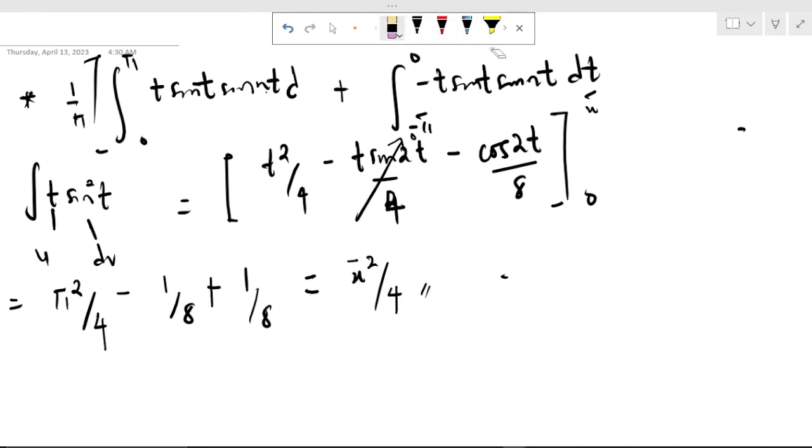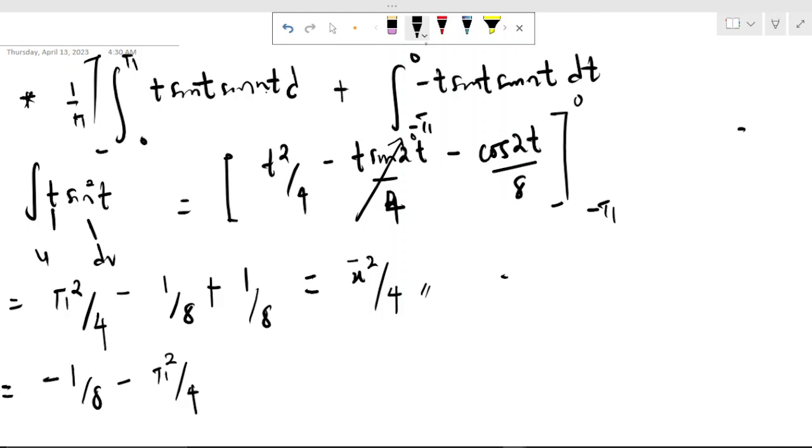Now let's find this for minus pi to 0. So of course our sine 2t goes away. Now for 0, we have 0 square over 4, which is 0. Then we have minus cos 2 times 0, which is minus 1 over 8. So we have minus 1 over 8, then minus, putting t as minus pi and squaring it gives us pi square over 4.